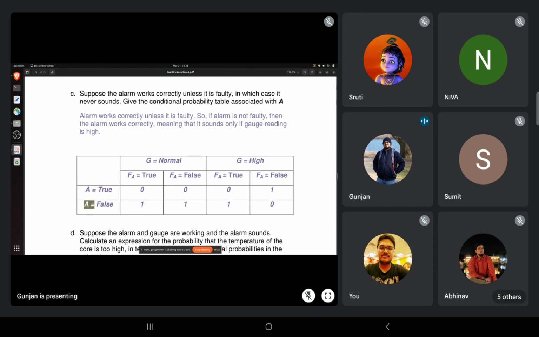And if the alarm is not faulty, it will ring. And if you take the negation case of this, that means the gauge is high and the alarm is faulty, it will not ring. And if it is not faulty and it is high, then it will ring. So A equals false, or this bracket is 0.